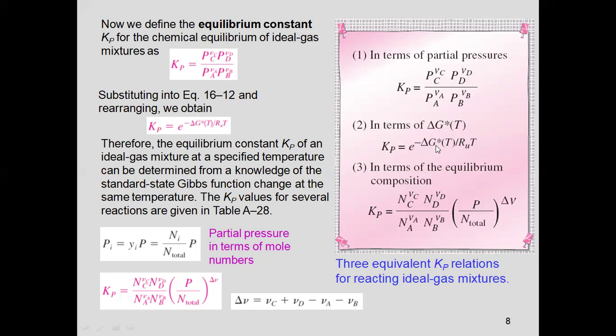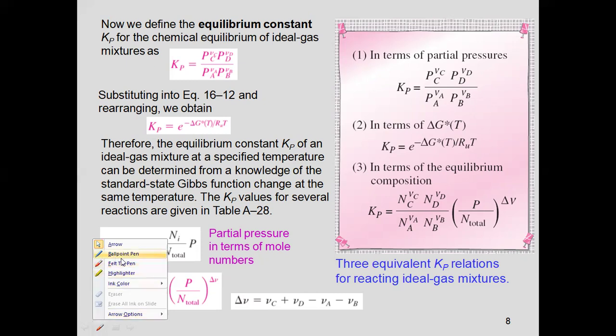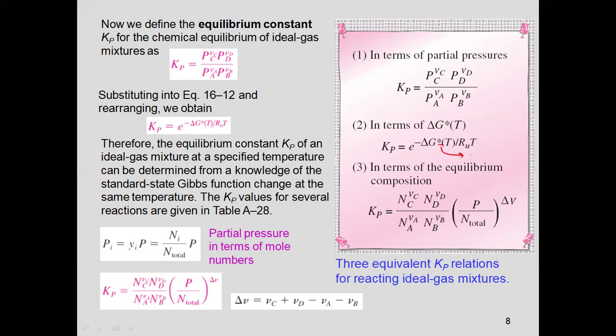And here that delta G star represents the Gibbs function values at the standard state pressure and the specified temperature at which the reaction is taking place. That we need to understand. So here the star is for 1 atmospheric pressure, and this T is the temperature at which the reaction is happening, starting from the reactants up to the chemical equilibrium condition.